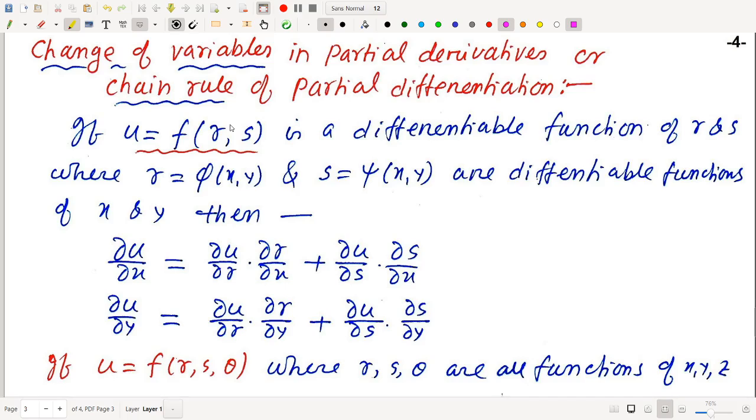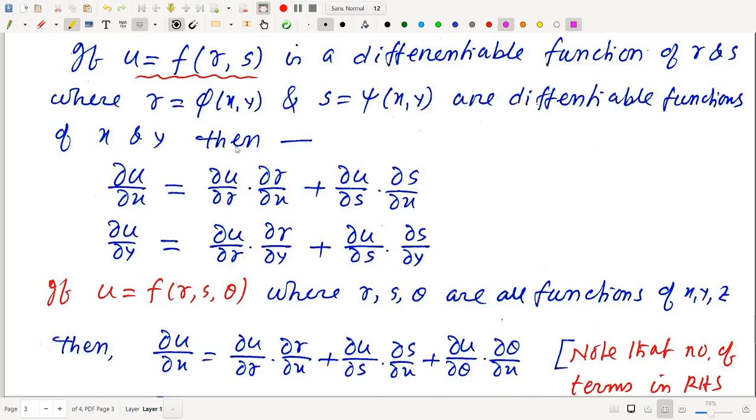Let us see what that is. If u equals f of r, s is a differentiable function of r and s, where r itself is a function of x and y, r is φ of x, y, s is ψ of x, y, they are also differentiable functions of x and y.